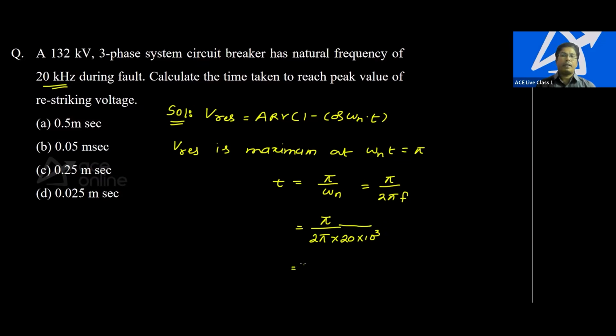So substitute those values, students. It will be pi divided by 2 pi. Pi will be cancelled. 20 into 10 power 3.